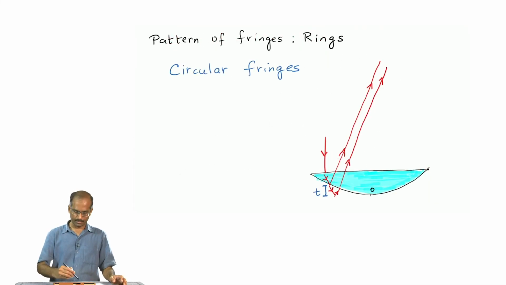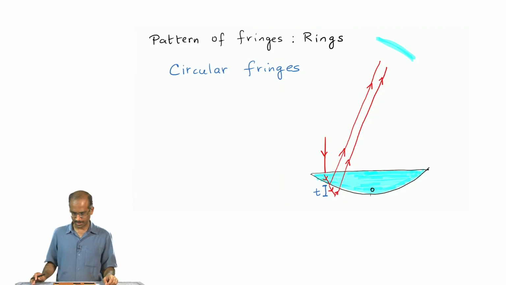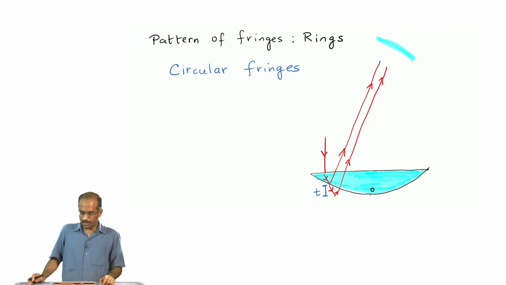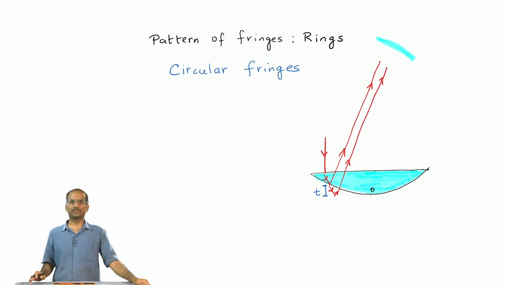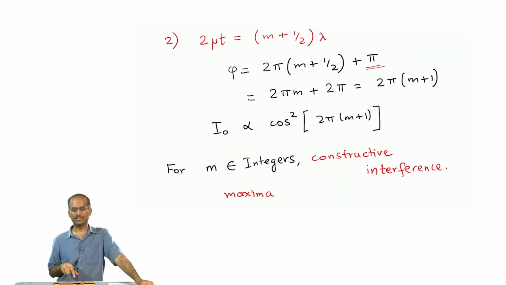So, if I put in maybe a lens there and converge these rays, then what do I expect to see? In that case, we should expect to see circular fringes, which is why it is called rings. These conditions for bright and dark fringes depend on T. Mu is a constant.